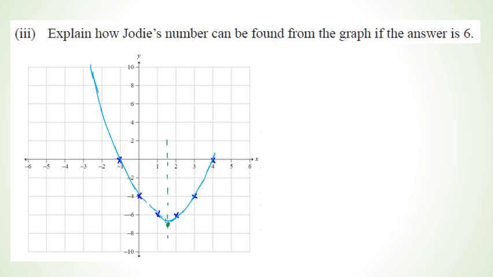Terrible parabola, but I hope you guys understand what I'm trying to do here. So how it can be found from the graph is you need to find out when the answer is 6. Now 6 is here, right? So if we draw a line when y is equal to 6, we are going to have roughly 2 points where they're actually equal to 6.